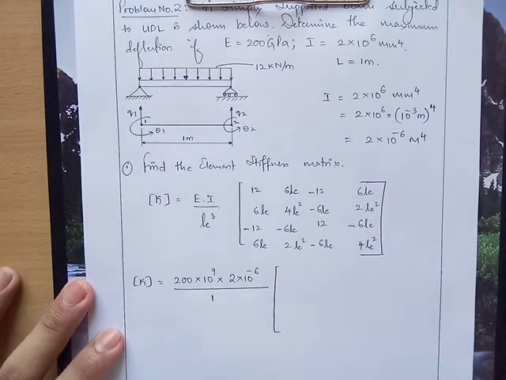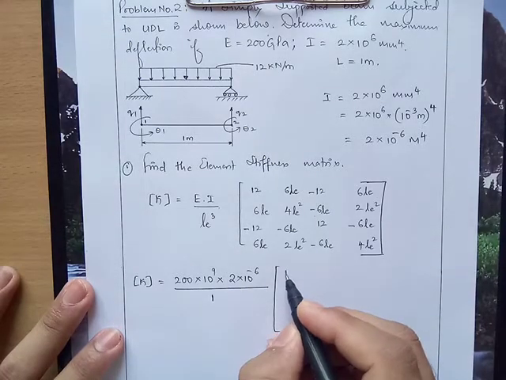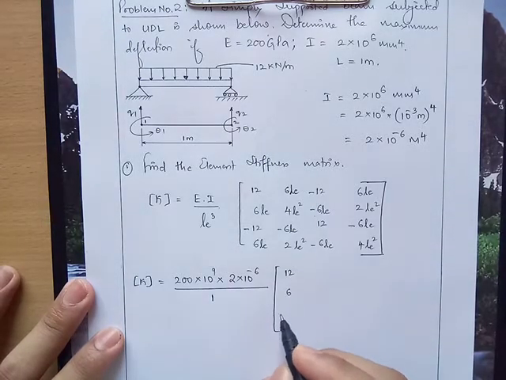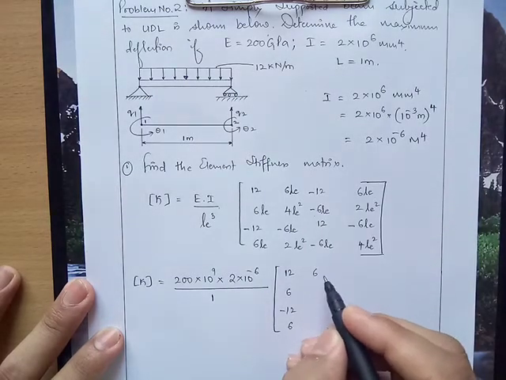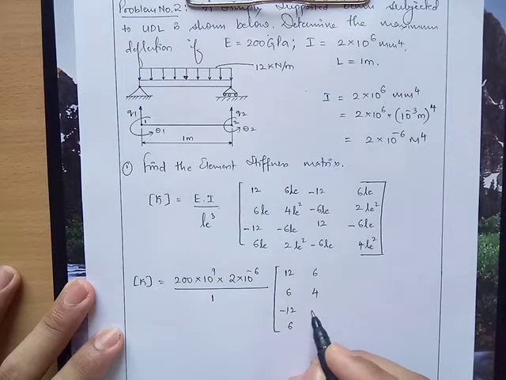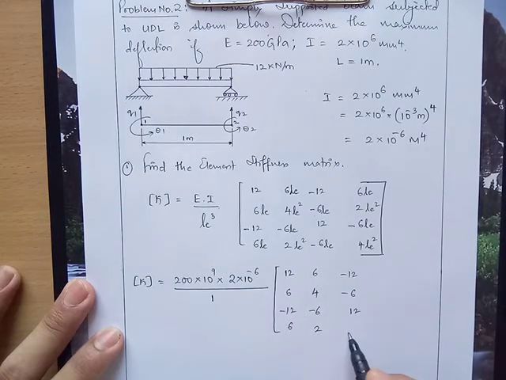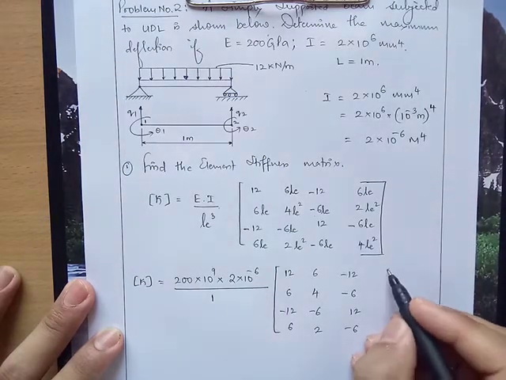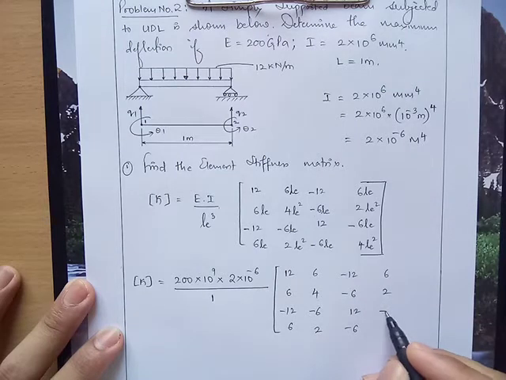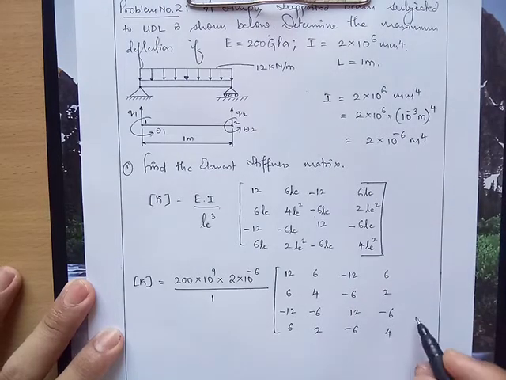If you just substitute the value of the length of the element in the stiffness matrix, we'll be getting 12, 6, minus 12, 6, 6, 4, minus 6, 2, minus 12, minus 6, 12 and minus 6, 6, 2, minus 6 and 4.